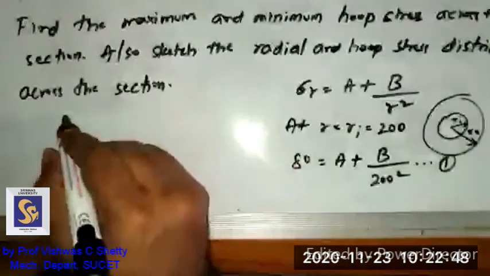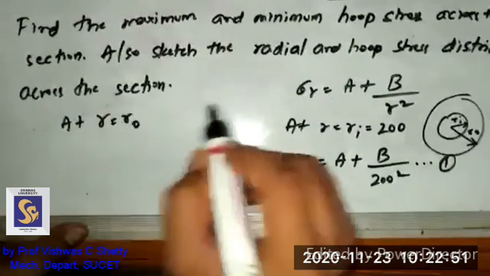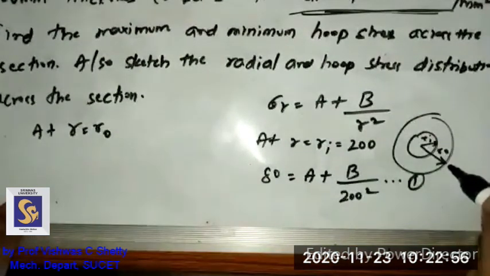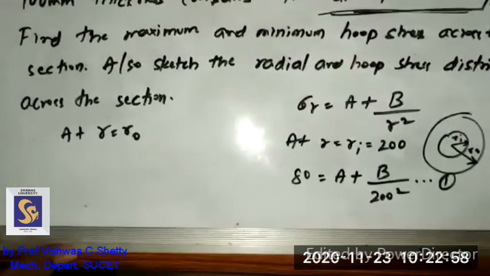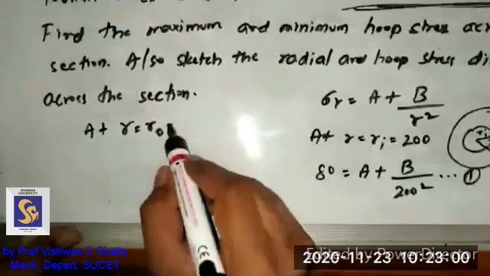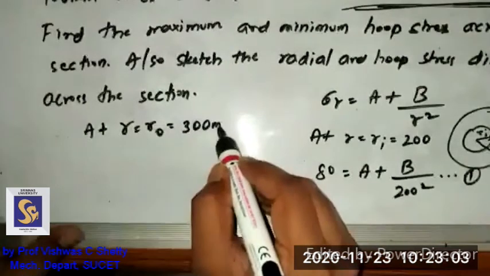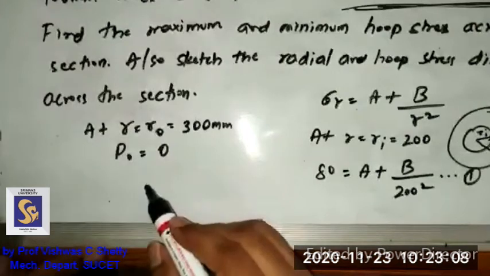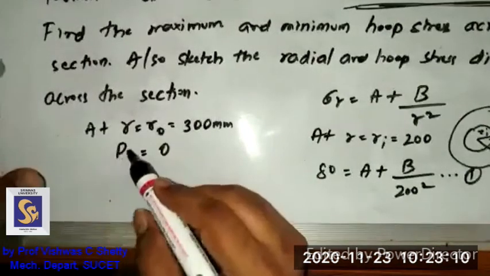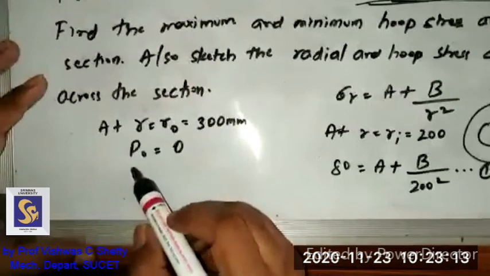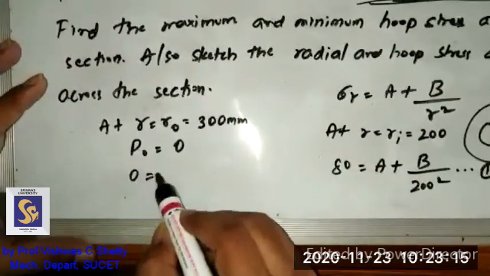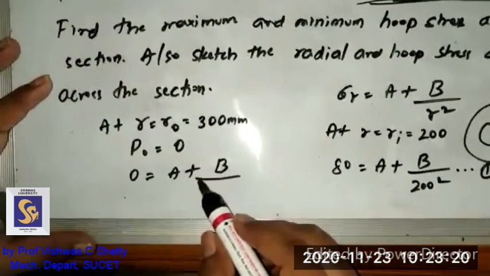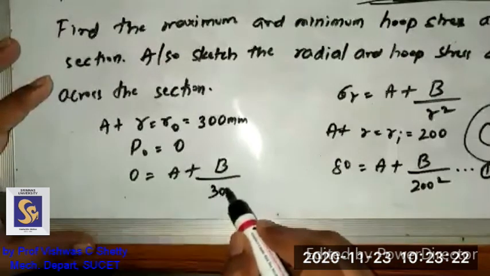Now at r equals ro, the pressure becomes 0. At r equals ro, 300 mm, the external pressure is 0. So 0 equals A plus B upon 300 square.